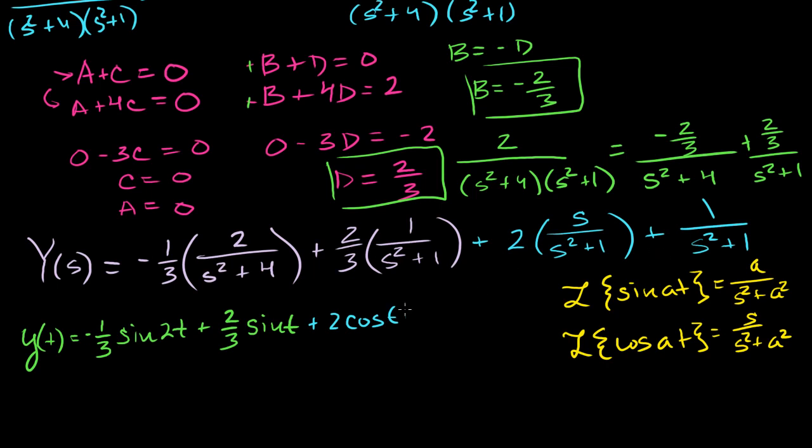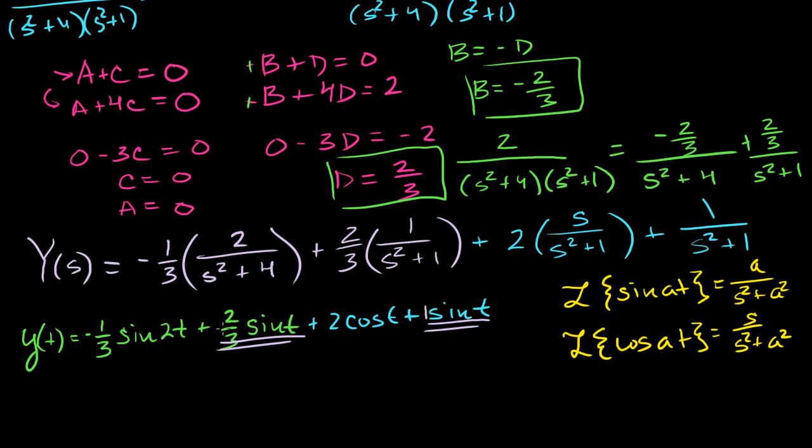And then one last term, plus. This is just like this one over here. This is just the Laplace transform of sine of t. So plus sine of t. And we're almost done. We're essentially done, but there's a little bit more simplification we can do. I have 2/3 times the sine of t here, and then I have another 1 sine of t here, so I can add the 2/3 to the 1, right?